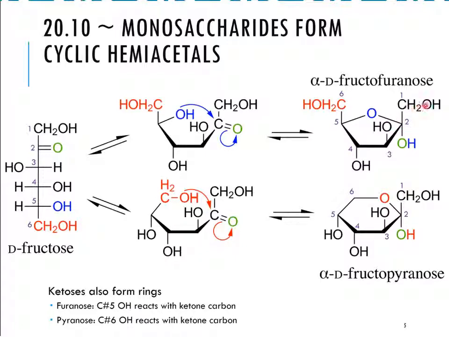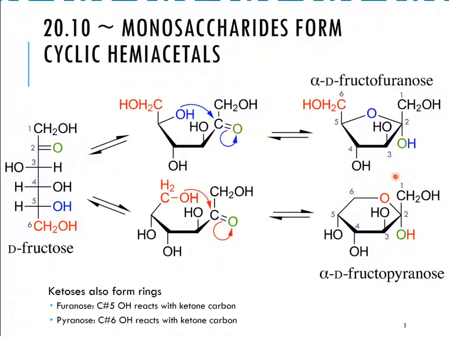So we have that CH2 that was already on the ring. Our alcohol is pointing down because we drew the alpha form of the ring. And then for carbons 3 and 4, carbon 3, the alcohol is on the left, so we point it up. Carbon number 4, the alcohol is on the right, and we point down. So we end up with this as our final structure.